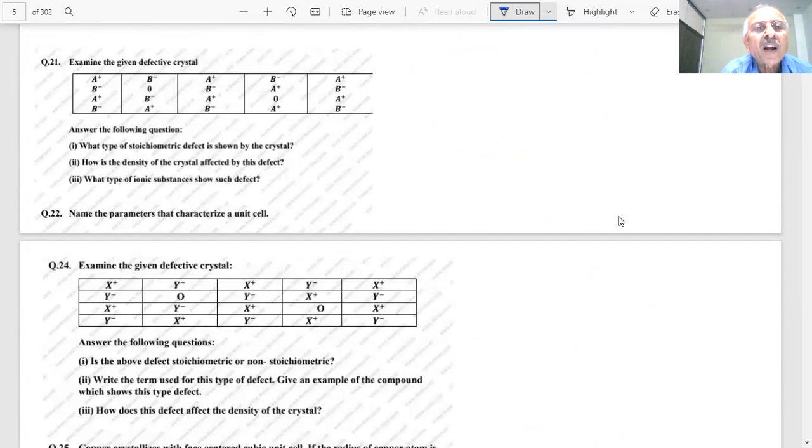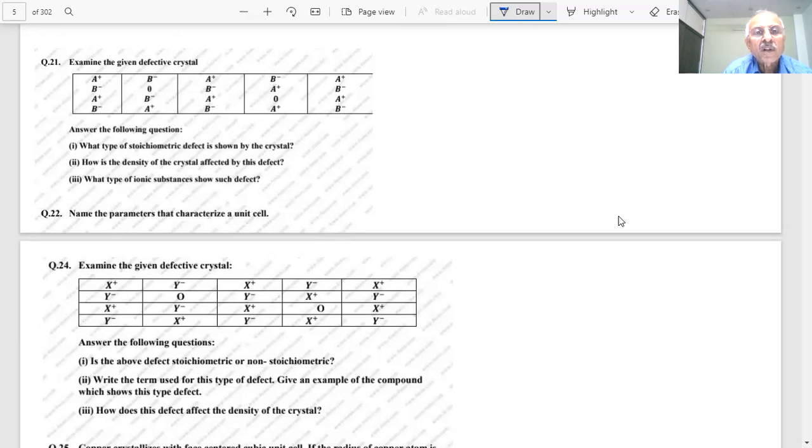Examine the given defective crystal. This crystal is defective, he says. It is made up of positive and negative ions, an ionic type of crystal. What type of stoichiometric defect is shown by the crystal, student?